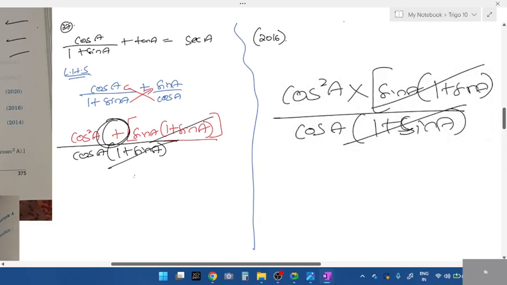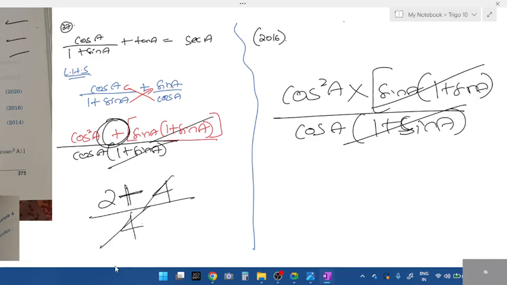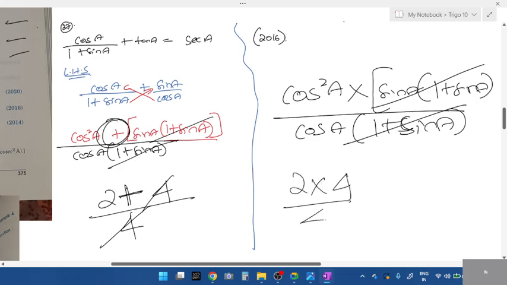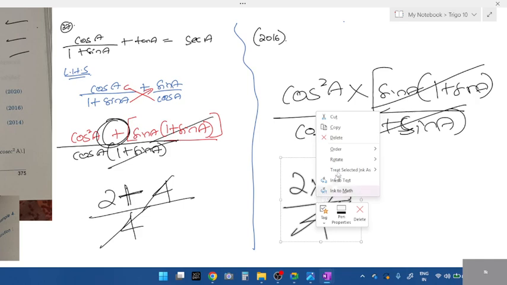Remember this: 2 plus 4 divided by 4. Whenever there is plus given, do you think you can cancel this? Is it possible, student? No, it's a wrong concept. You can't cancel. But what about multiplication? Yes, that is the concept of multiplication. If it is addition and subtraction, you can't cancel.